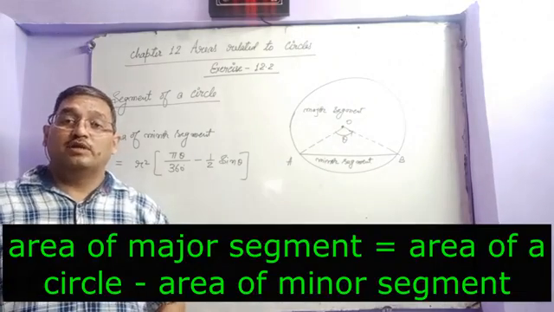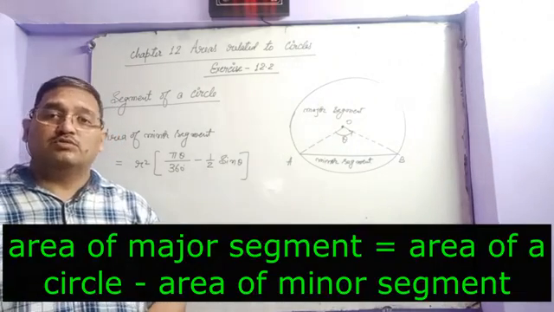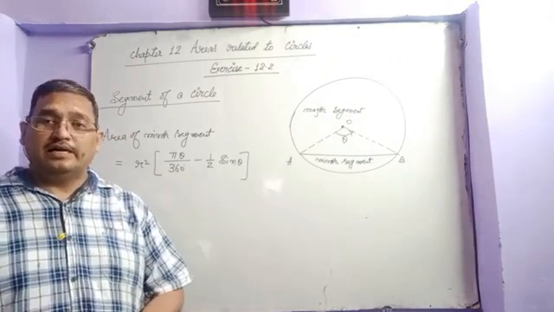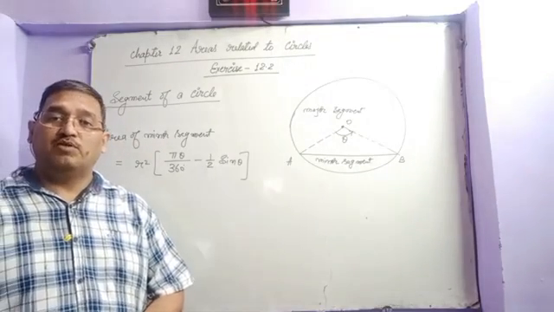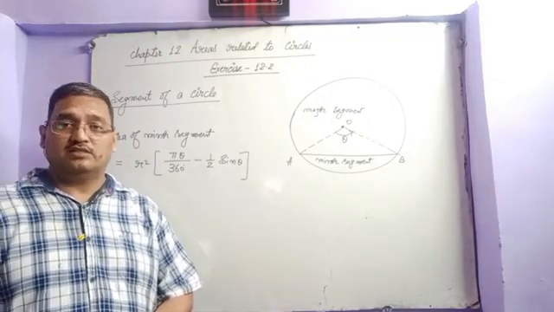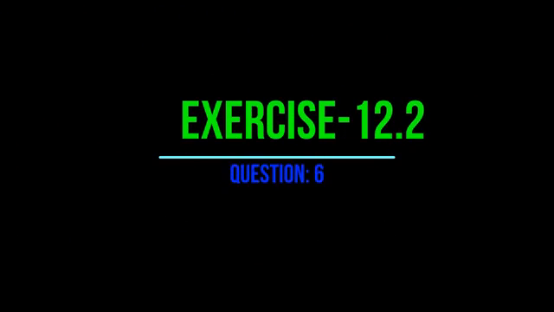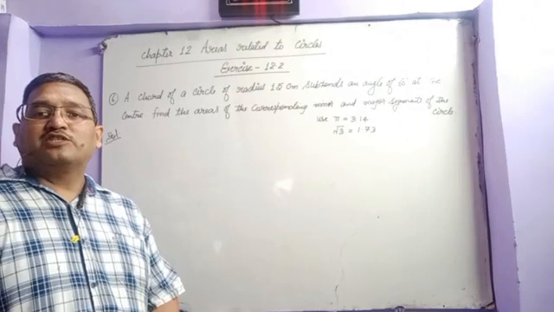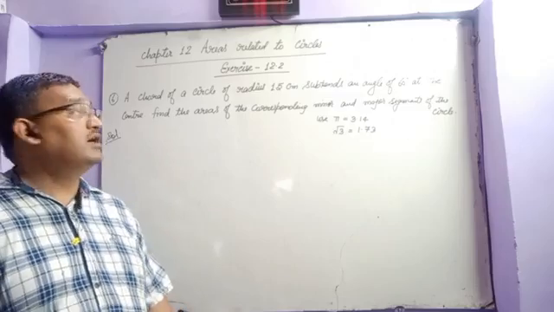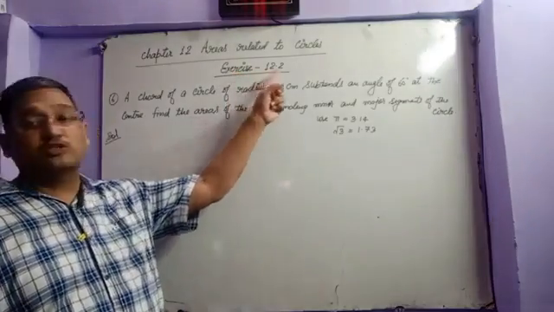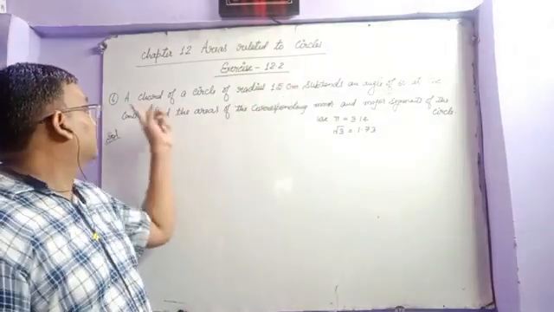Now, how we will implement these formulas in the exercise, I am going to explain with the help of one question from the exercise. Explaining the area of a segment of a circle, I have written a question from exercise 12.2, question number 6.